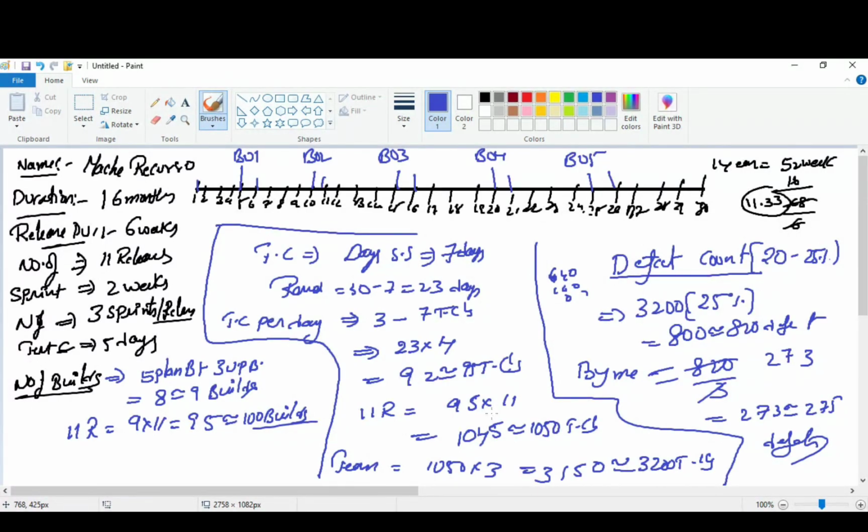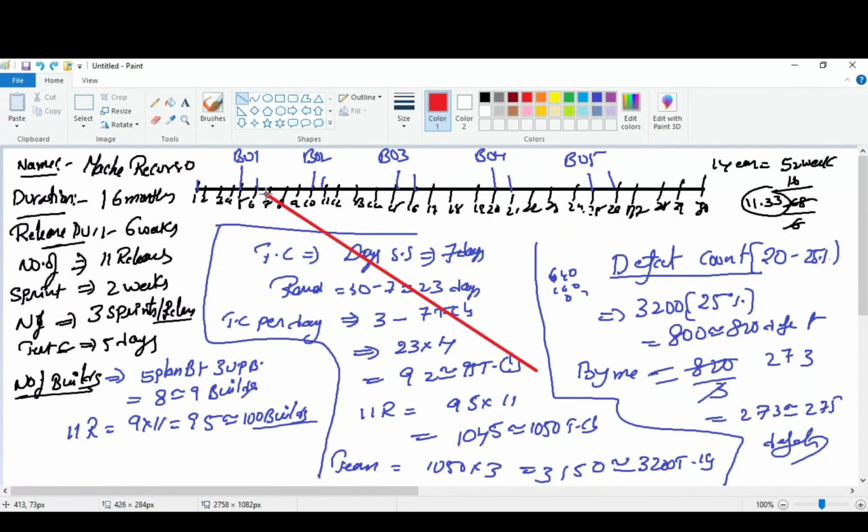More or less observe here. So number of builds, what do we have here? In one release I have 30 days, and my test cycle duration is 5 days. That means for every 5 days I get a build. So day 5 build 1, day 10 build 2, day 15 build 3, day 20 build 4, day 25 build 5.